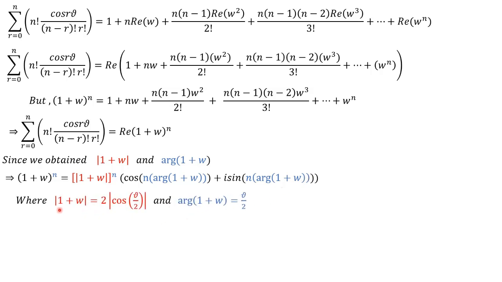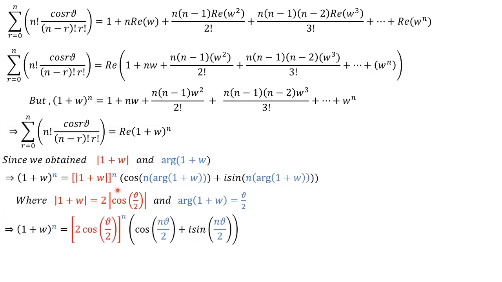And remember, we had the modulus of the complex number 1 plus omega, which was 2 times the absolute value of cos theta divided by 2, and the argument which we obtained was simply theta divided by 2.